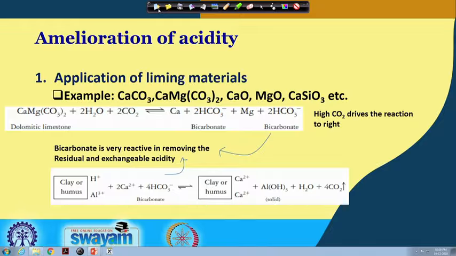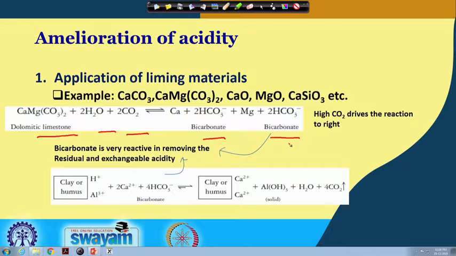Now, I have given here the reaction of dolomitic limestone. You can see the dolomitic limestone is reacting with the water as well as the carbon dioxide, and this carbon dioxide basically occurs in the soil due to microbial respiration, and as a result the bicarbonate ions are formed.